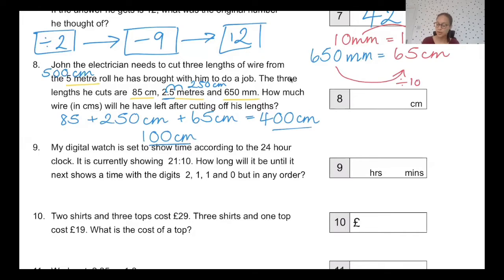Now, before I put that in this box, I need to check quickly whether they wanted the answer in metres or centimetres or even millimetres. They want it in centimetres, so I can just put 100 in there. Be careful when you're doing this sort of thing in future, because if they had metres there and you put 100 in, then you'd have done all the work correctly and still got it wrong. So that's not much good. We don't want to waste your time like that.